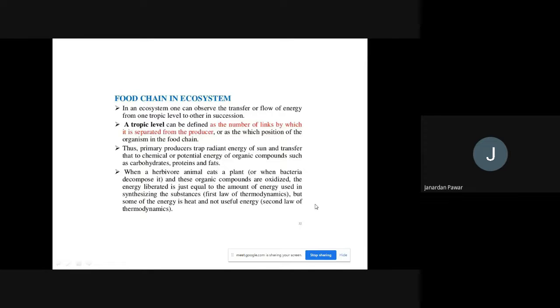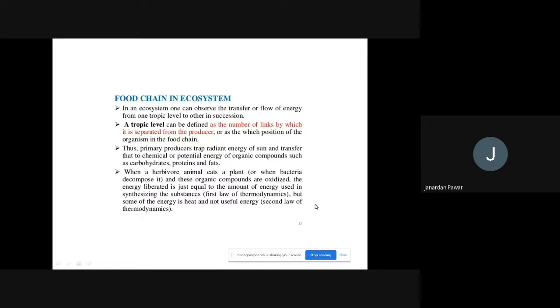When they trap the energy of the sun, it is transferred to chemical or potential energy in organic compounds. What are the organic compounds? In the form of carbohydrates, proteins, and fats. So this way they transfer from one format to another format.